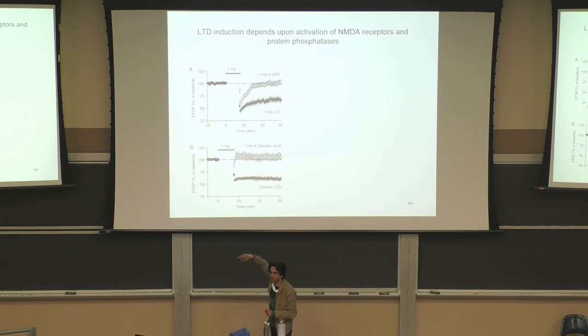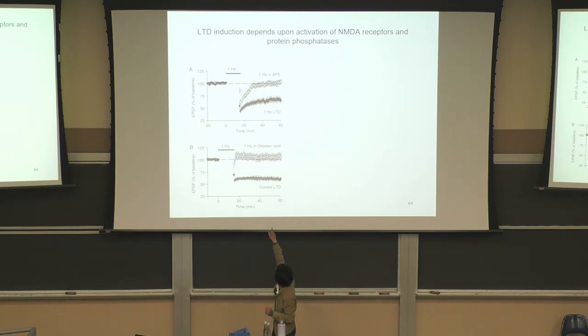So this was the first major discovery of this pathway, which is that it requires activity of the glutamate NMDA receptor to happen. And then the second discovery is here, which is that it also requires the activity of a phosphatase to happen. So a kinase is an enzyme that puts phosphate groups on target proteins, and phosphatases remove phosphates from target proteins.